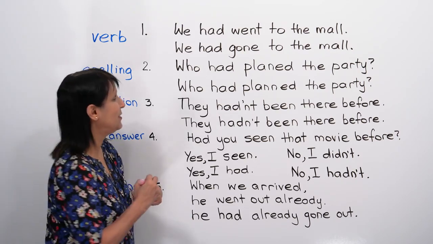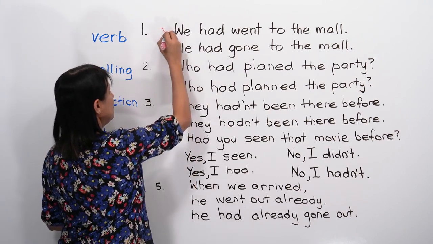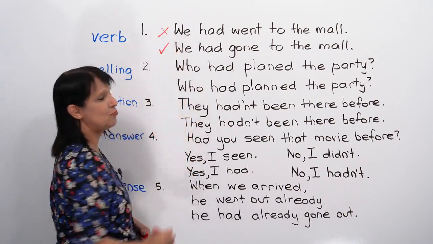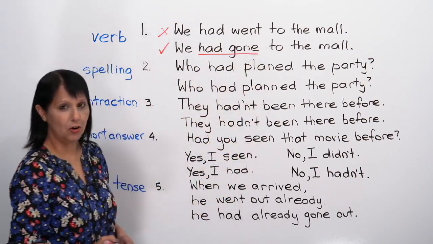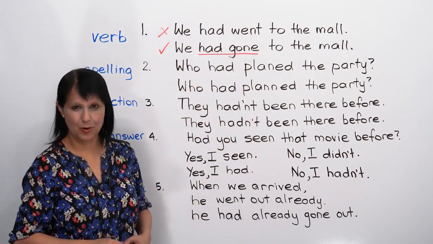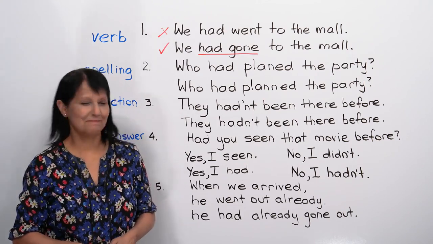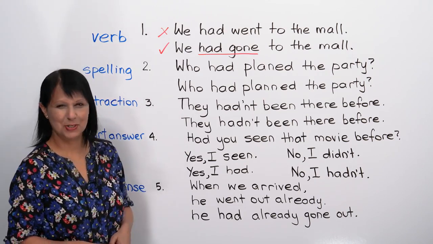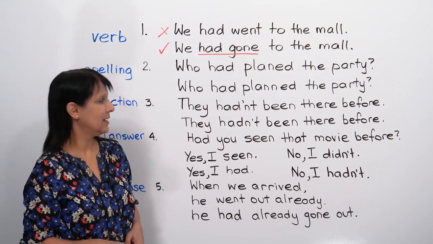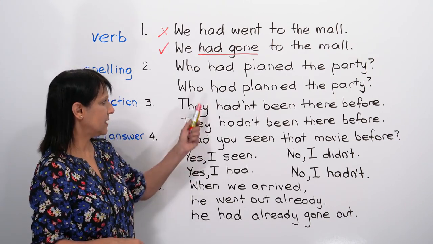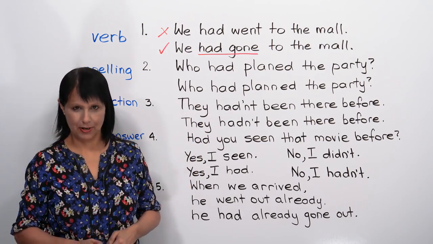Okay, I think I hear you. So this is wrong and this is right, because we have to say we had gone, not the other one, which we won't say anymore. Okay, number 2. Who had planned the party? Or the next one, who had planed the party?